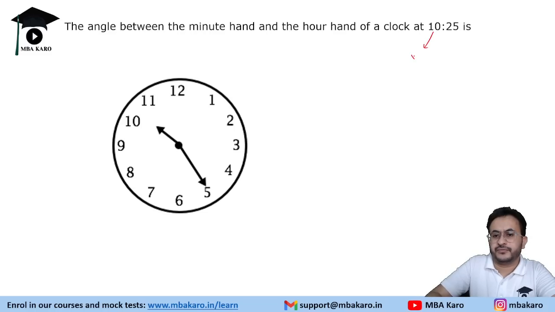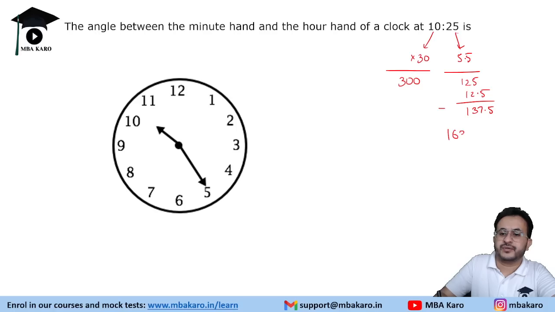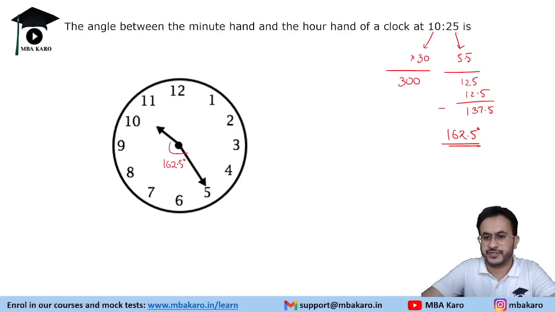So 10 into 30 is 300, and 5.5 into 25 is 125 plus 12.5, so 137.5. Now you will get the answer as 162.5 degrees. So this angle is 162.5 degrees. So straight formula, 30h and 5.5m and their difference.